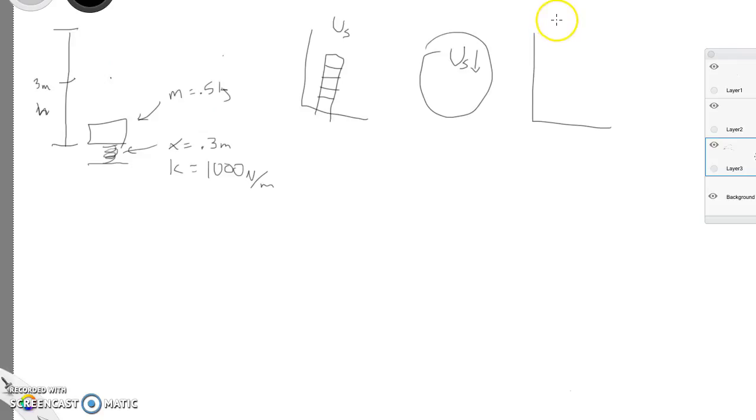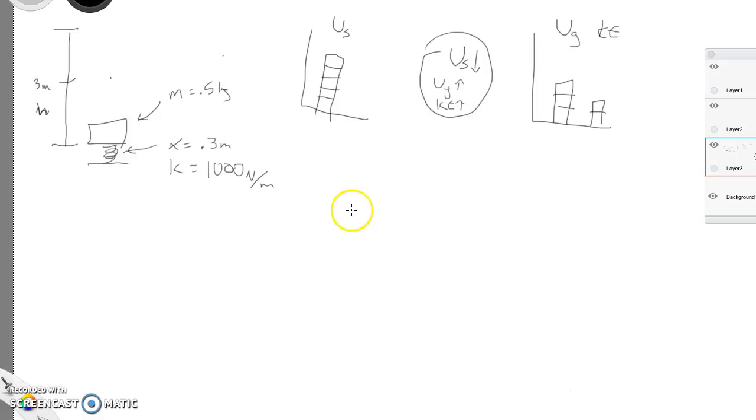Hopefully you said there's going to be some gravitational potential energy and some kinetic energy, meaning that the gravitational potential energy increased and the kinetic energy increased. So this elastic potential energy was transformed into potential energy and kinetic energy. Let's say maybe there's 3 boxes of one and 2 boxes of the other.